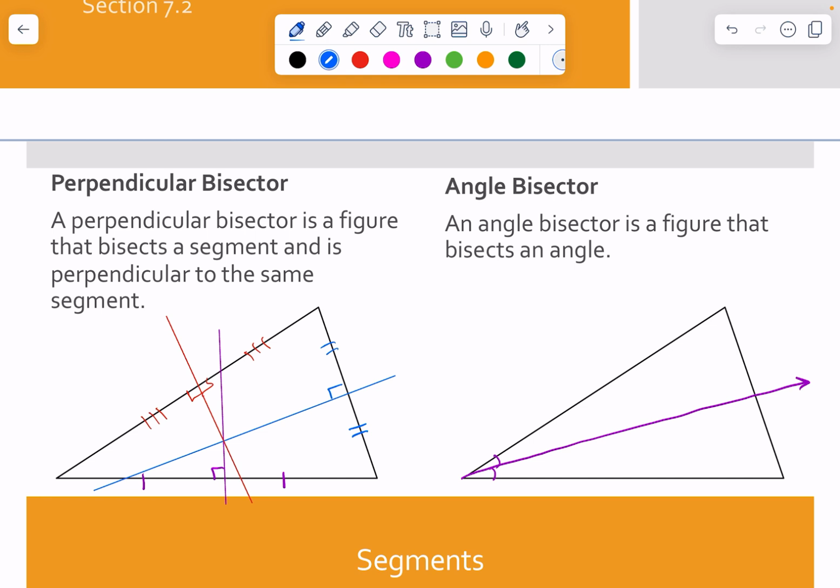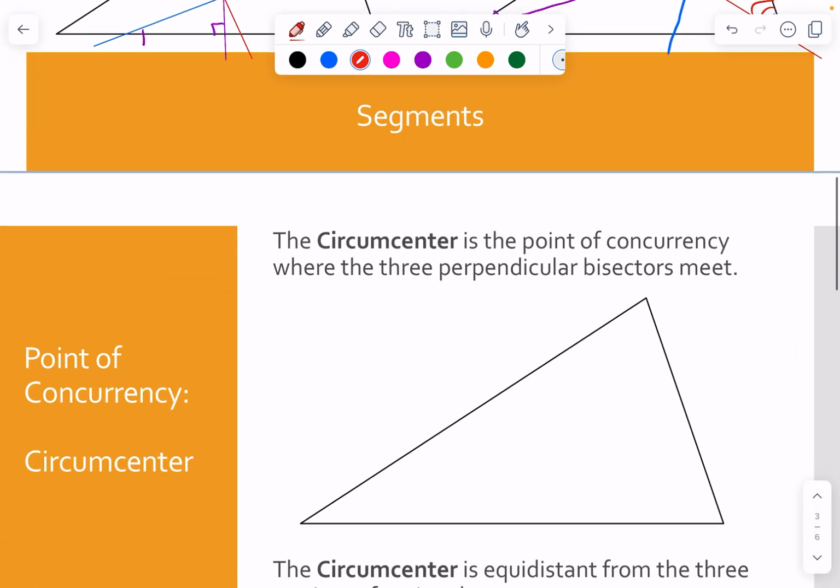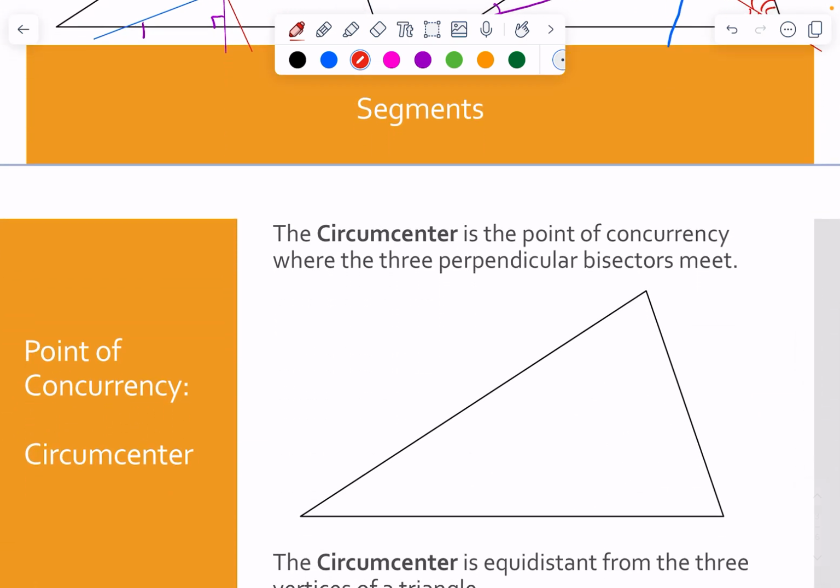If I drew another one, it would look something like this, bisecting that angle. And then if we drew the third one in, it would look something like that, and it would bisect this angle. Okay, so we have a bunch of those. All right, so now let's talk about why those things are important.